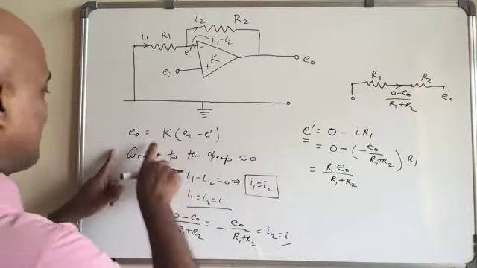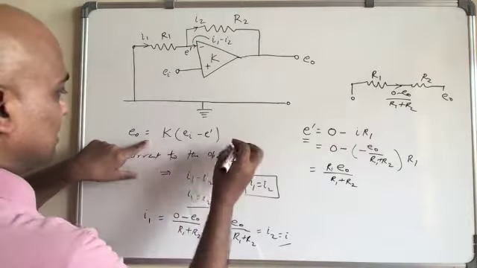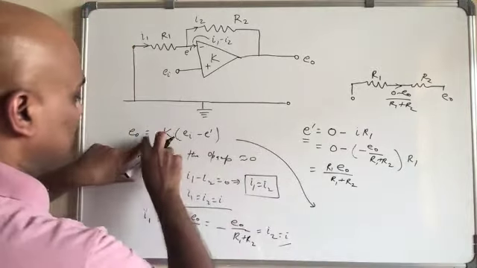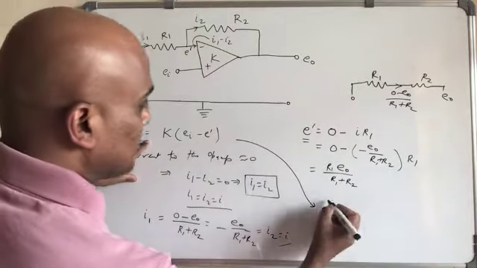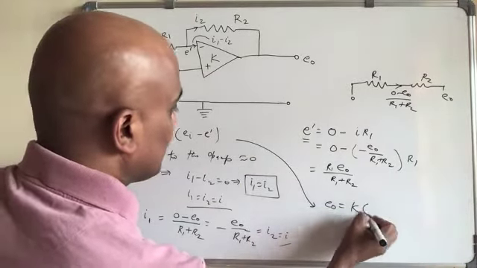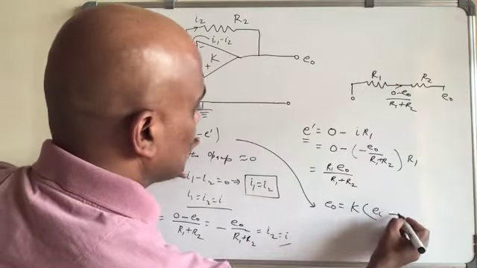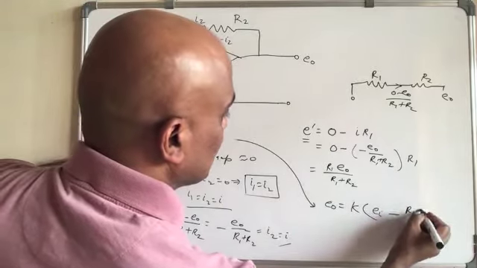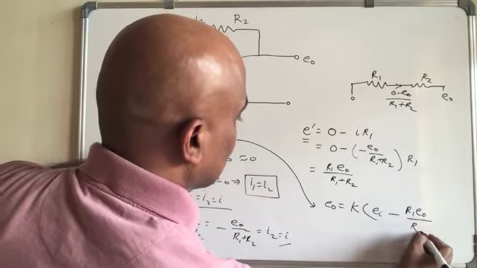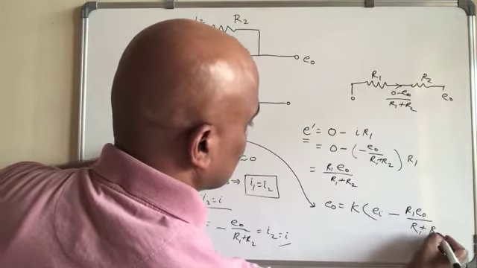So we can use this equation. You have E naught equal to K times (EI minus R1 E naught divided by R1 plus R2).